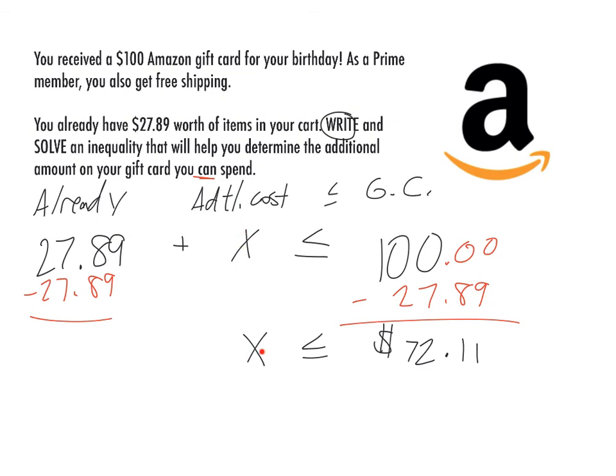So whatever we put in our cart needs to be less than or equal to $72.11, right? So could I buy a set of speakers that cost $50? Yes, and I still wouldn't spend over my gift card. But if I wanted to add, I don't know, like a new keyboard, a really fancy keyboard, and it was $80, that wouldn't work because 80 is not less than or equal to $72.11.